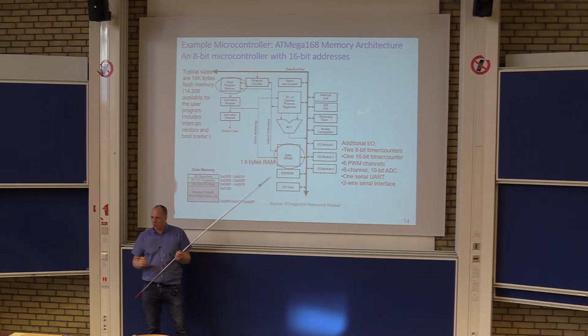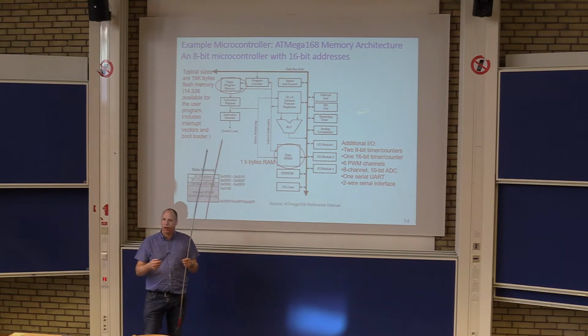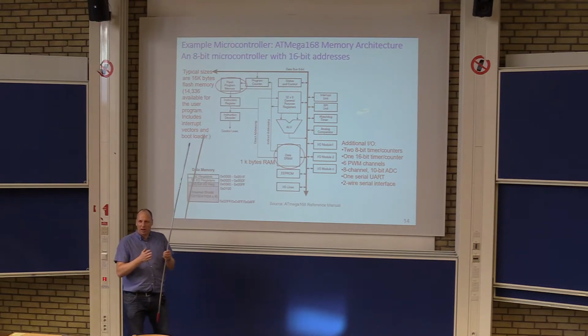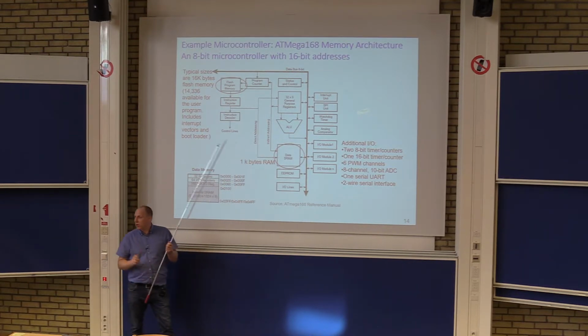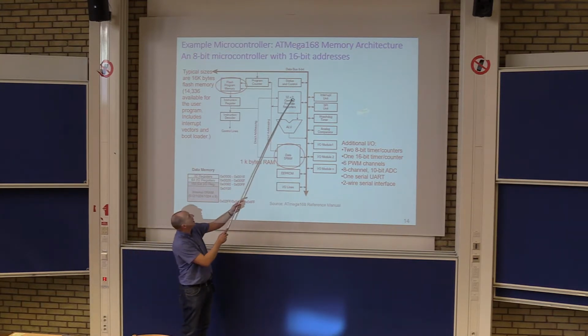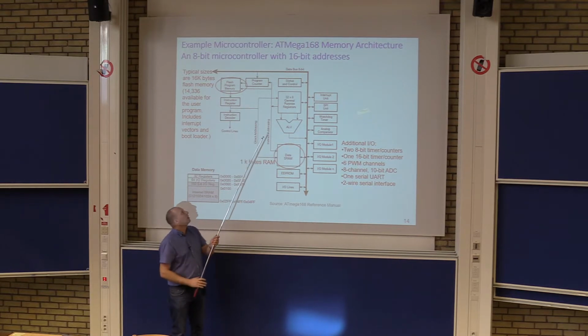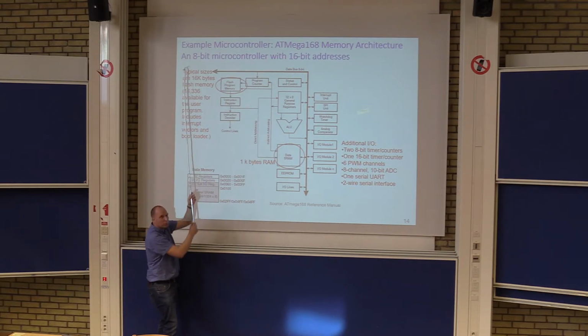So the only thing you can do in a processor like that is to do arithmetic operations on values that are stored in registers. And the registers are a special part of the processor, and you have typically a limited amount of them. So in this case you have only 32 registers, so you can only store 32 numbers inside the processor, and each of them is 8 bits. So that's why we said it was an 8-bit microcontroller.